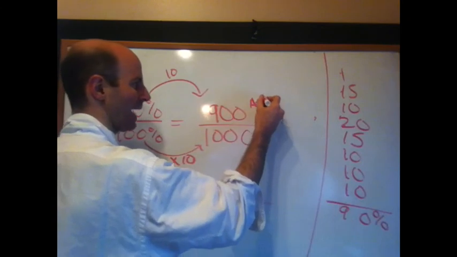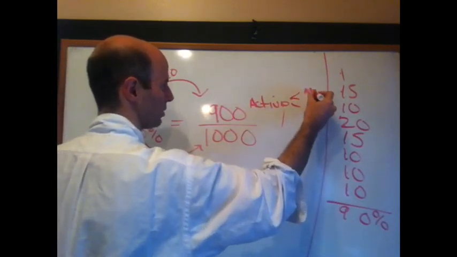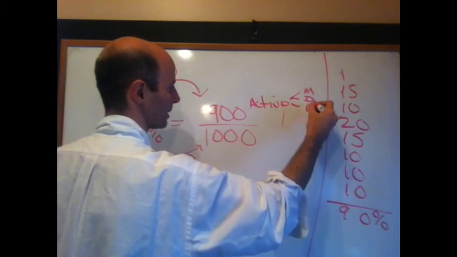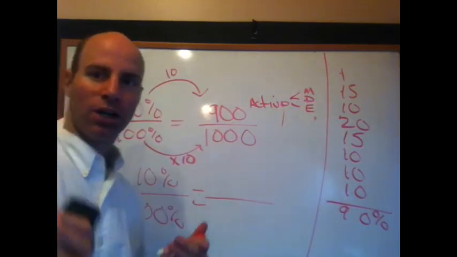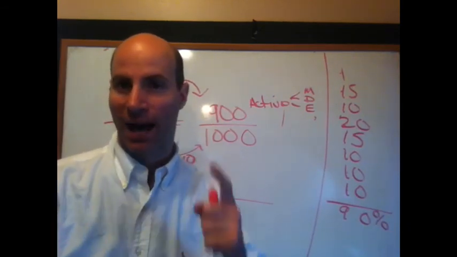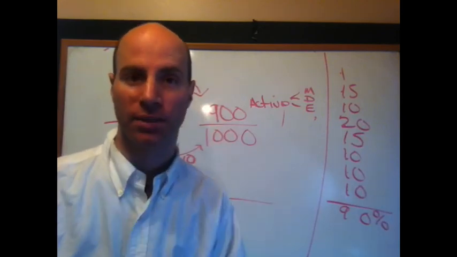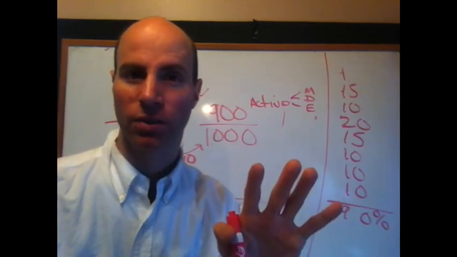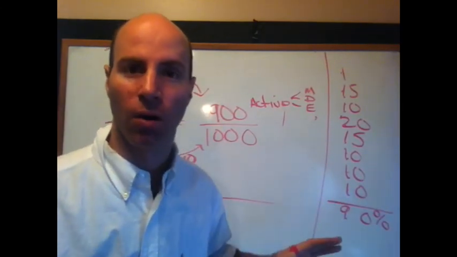This represents the active students in either those 3 categories, math, dance, or economics. Well, if the question on your test was, how many students are not active? Aha! Then you're thinking to yourself, this is that 10%. This is that group of students that weren't involved on the Venn diagram at all.